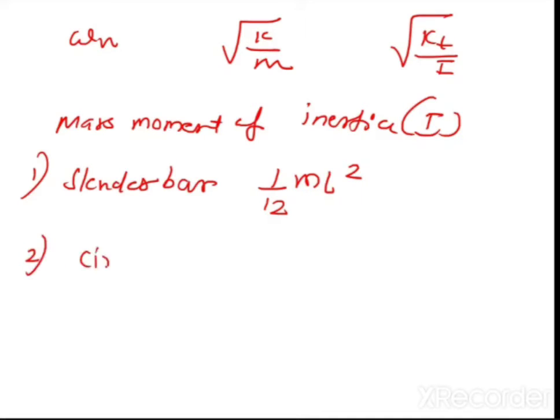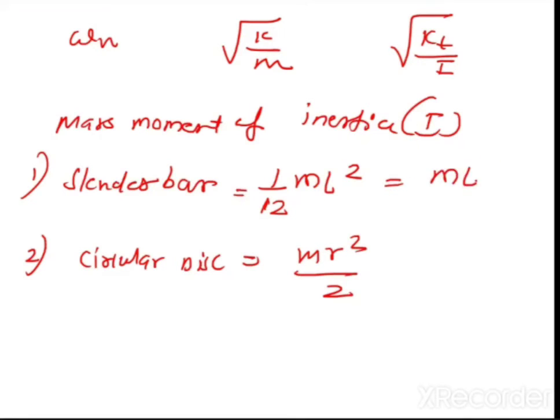Second, for a circular disc, because you have to calculate I, for that you have to remember this formula. For a circular disc, what is it? m r square by 2, where r is the radius of the disc. Clear?